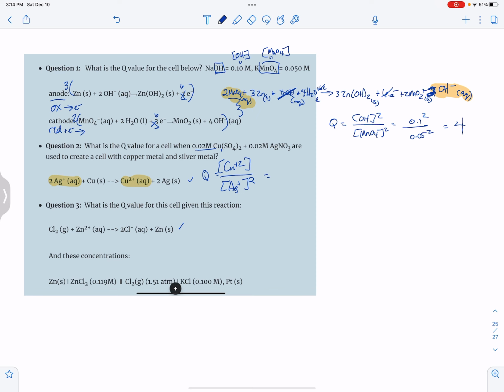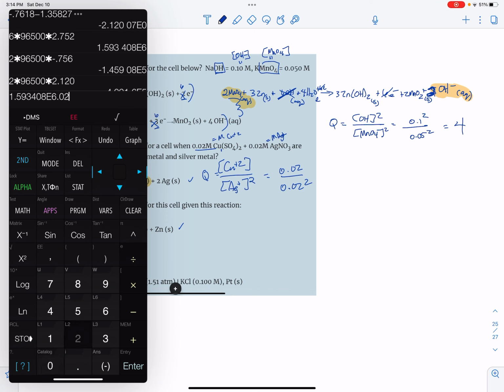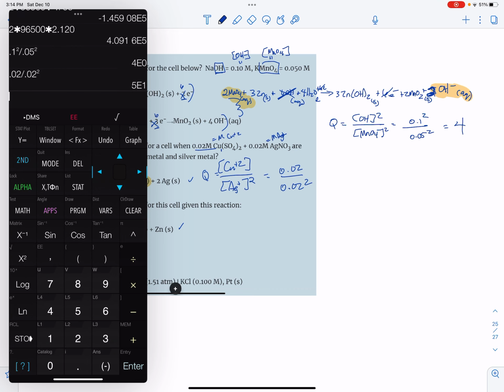Because there's just one copper here, this is the same thing as saying that that's the molarity of just copper plus 2. And then for the Ag, this is the same thing as saying that that is also the molarity of just the Ag plus. So 0.02 over 0.02 squared. So that one's going to be 5.